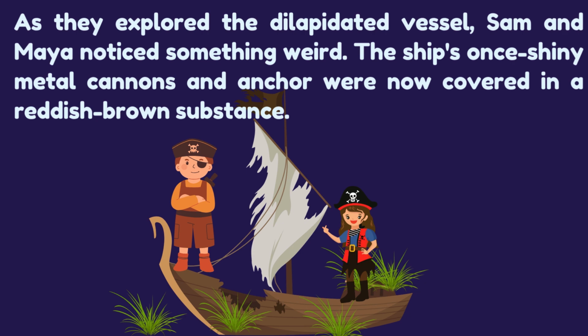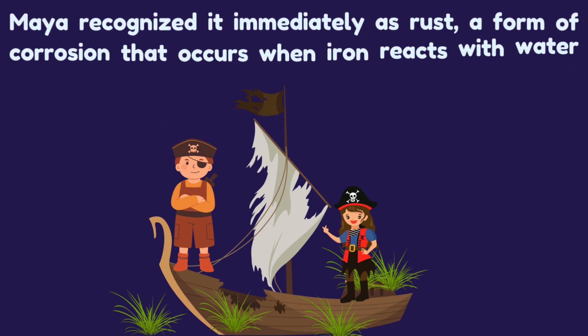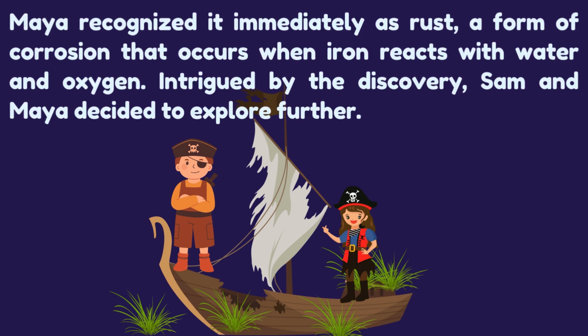The ship's once shiny metal cannons and anchor were now covered in a reddish-brown substance. Maya recognized it immediately as rust, a form of corrosion that occurs when iron reacts with water and oxygen.